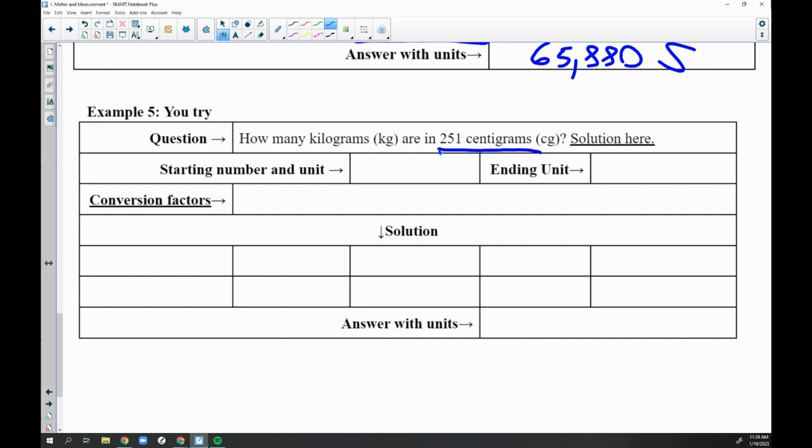So you've been given 251 centigrams. That's our starting number in unit, and we're trying to convert to kilograms. CG is the abbreviation for centigrams, and we're trying to go to kilograms. You'll notice when you look at page 44 that there is not a direct relationship between these two, so we have to do it in 2 steps.